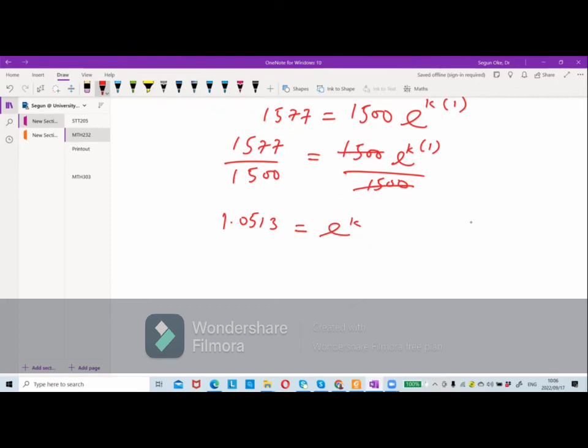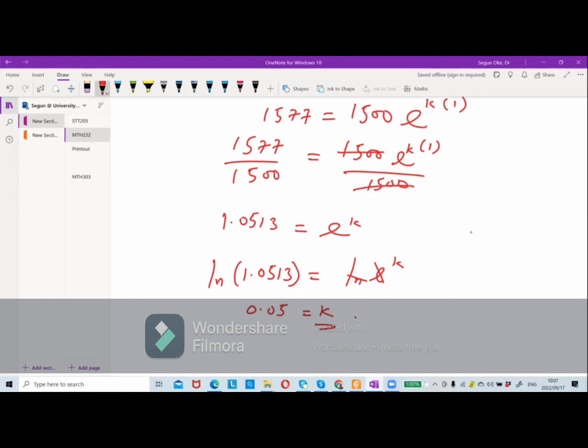But what I need is k. How do I get k here? Anybody? How do I get k? You take the ln of both sides. Thank you. If I take the ln of both sides, I will have ln 1.0513 equals ln exponential k. So this will go with this, and when you do the ln of this, you have 0.05 equals k.